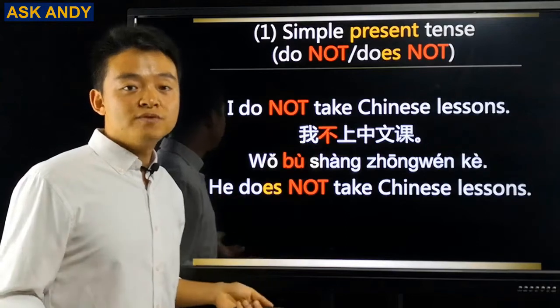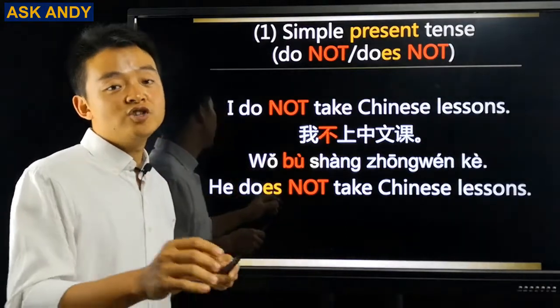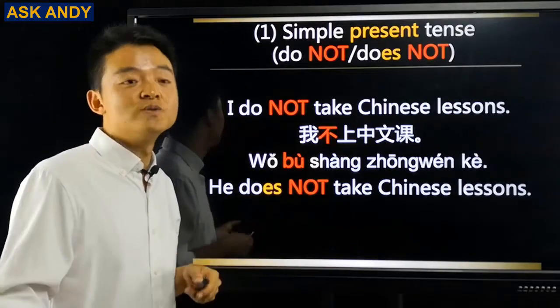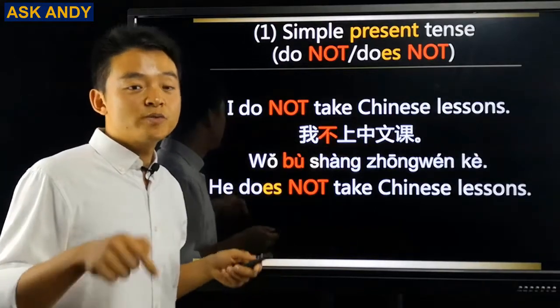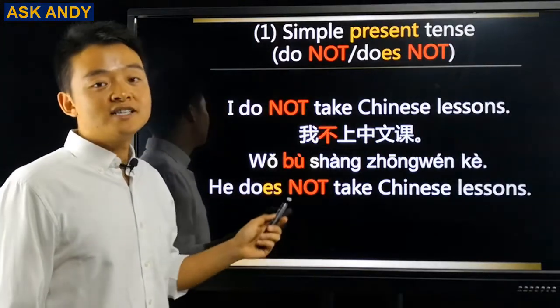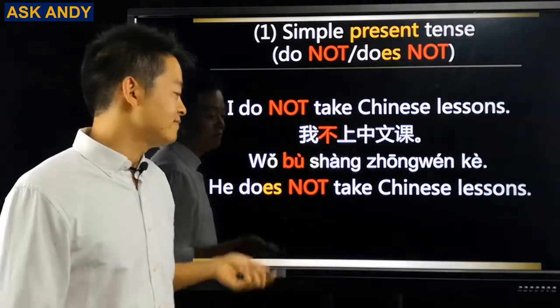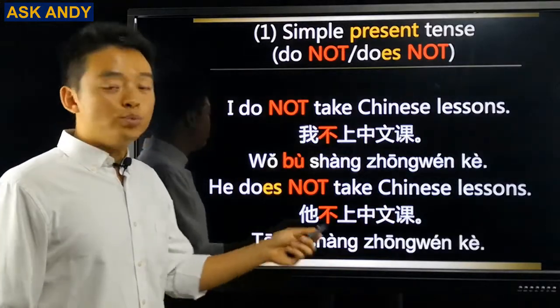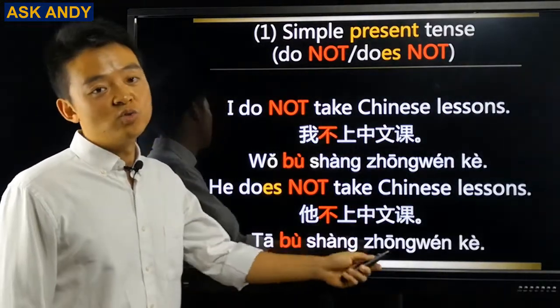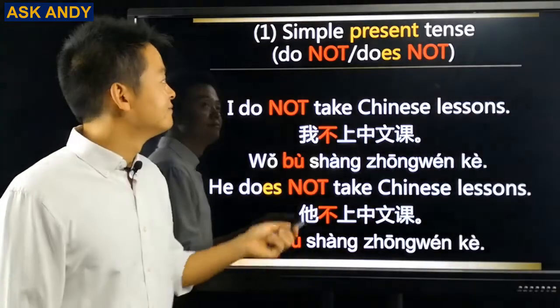I made a video before talking about those tone change rules in Chinese. When and why do Chinese change tones? I put the link in the description below. You can check it out there. What about this one? He does not take Chinese lessons. The same. 他不上中文课. Nothing difficult, right?